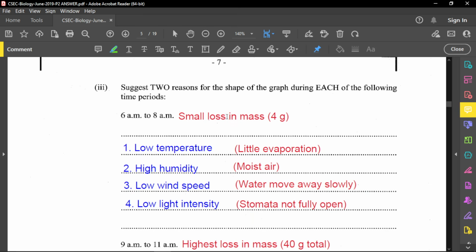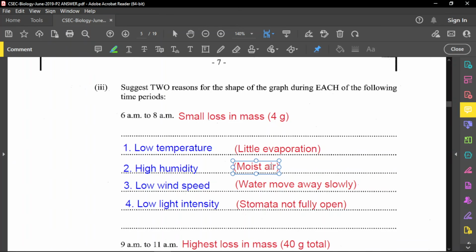And so since the change or loss in mass is so low, the reason for this may be because the temperature may be low. And since you have low temperature, then you have little evaporation. You have high humidity, which means the air is moist. And if the air around the plant is moist, then you have little to no loss in water due to evaporation, all right?